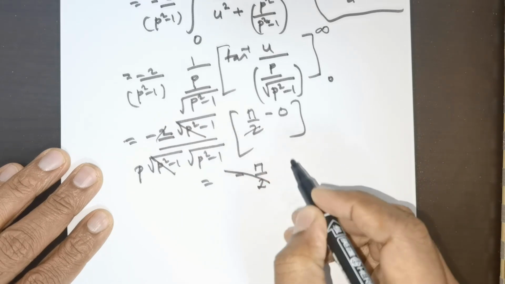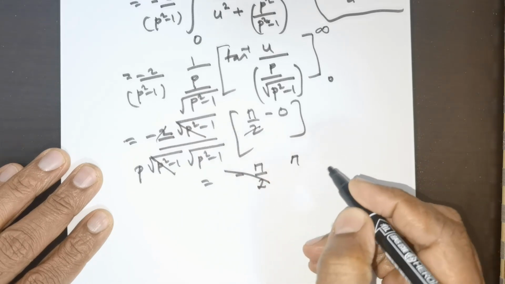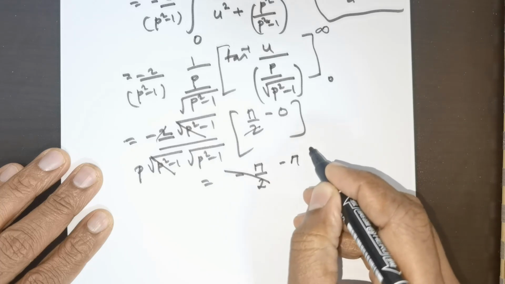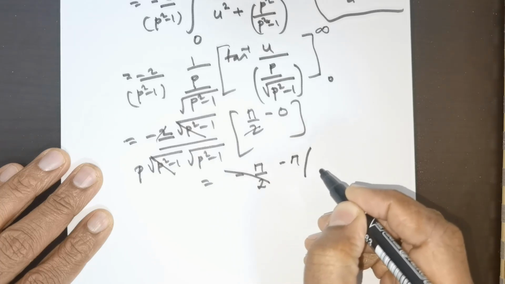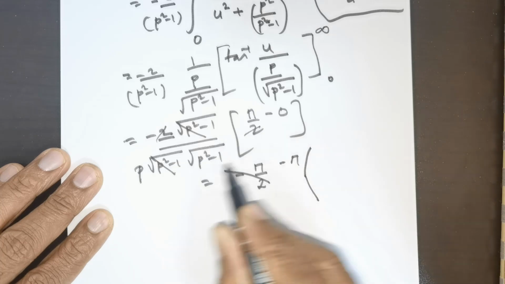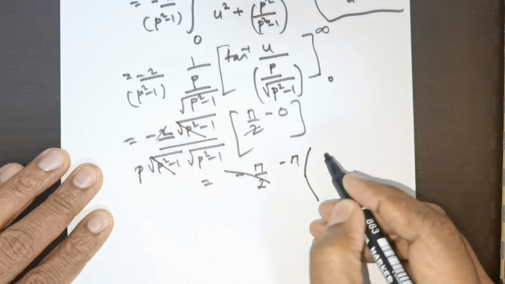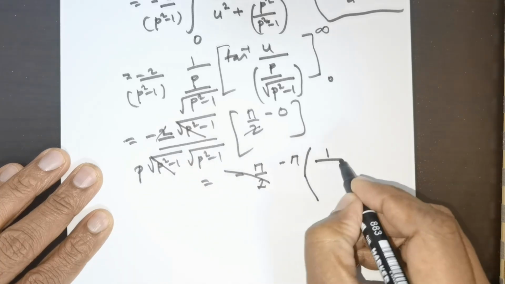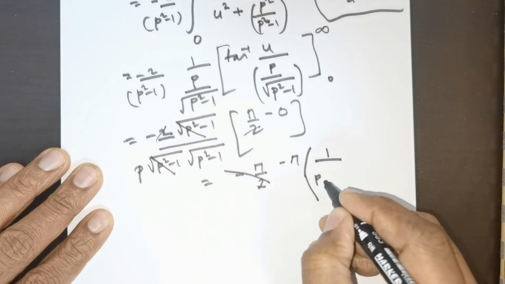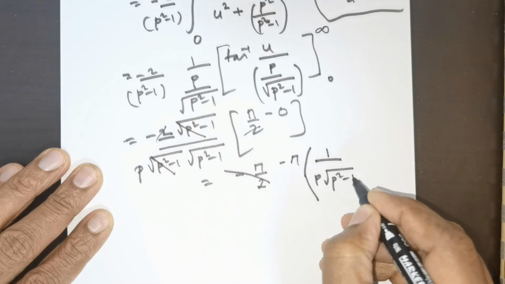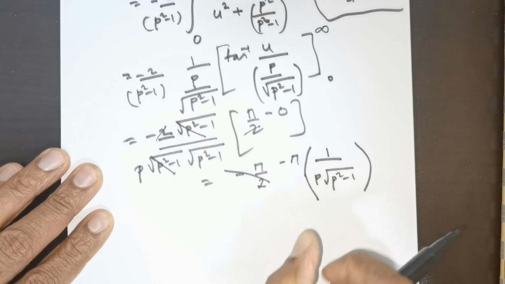I will just write pi. I got a pi there with a negative sign, and what else do I have? I have 1 over p times root of p squared negative 1. So this is what we have got.